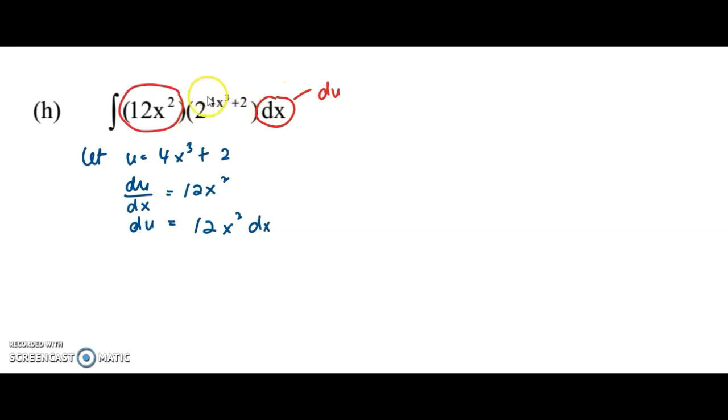And the 2 to the power of 4x cubed plus 2 will be replaced by 2 to the power of u. So now I'm going to write down everything in terms of u. What I circled with the red line here will be replaced by du, and this one will become 2 to the power of u.